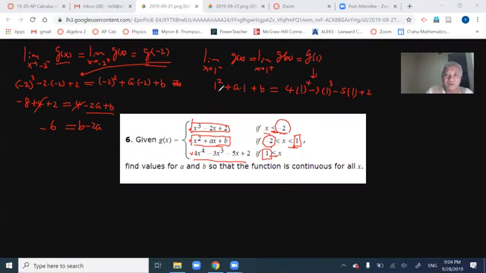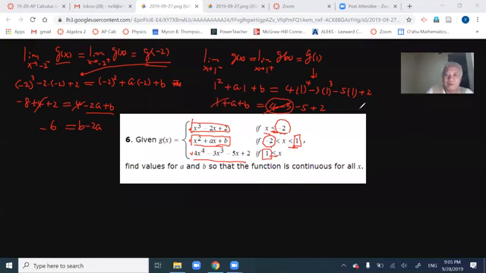So you have what? This is 1 plus a plus b equals 4 minus 3 minus 5 plus 2, okay? Now when you do this part here, 4 minus 3 is 1. This one cancels with this one.